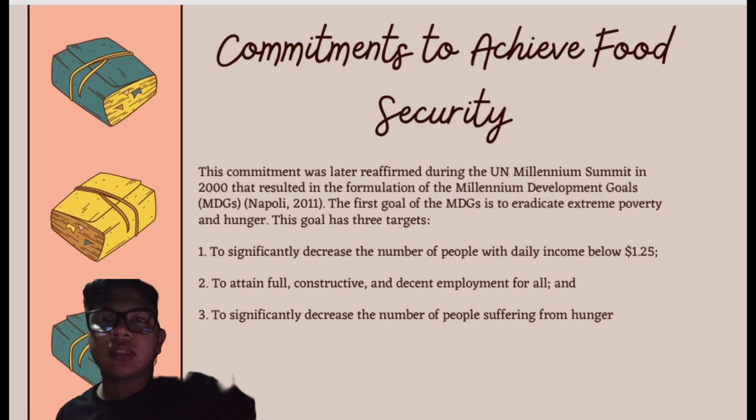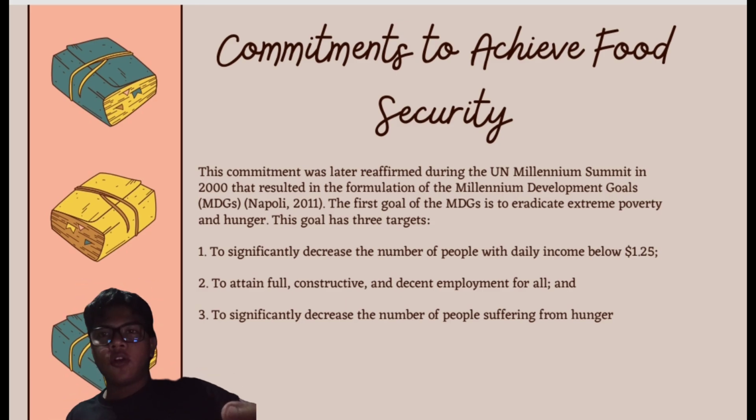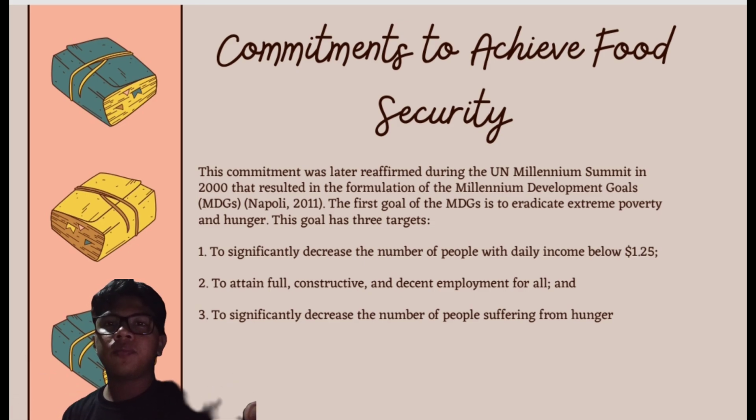These commitments take a lot of time to process. We can't solve the problem of food security that quickly, because there are too many factors affecting what is happening when it comes to food security.